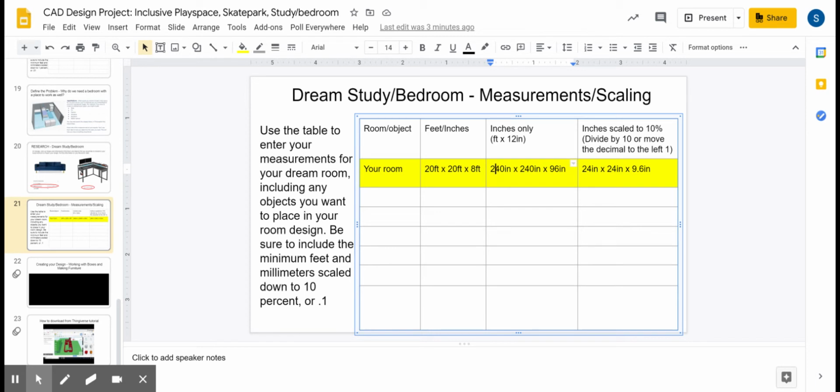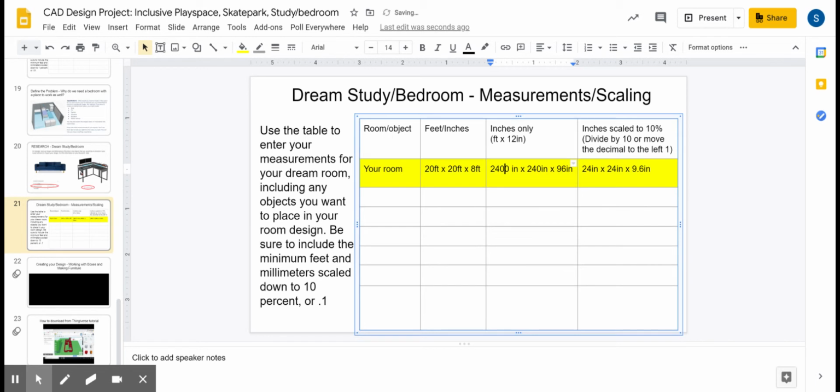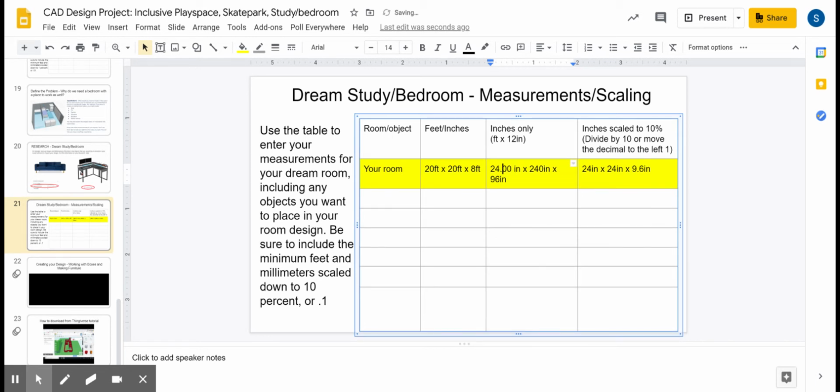To scale the size of our room down to 10%, we need to divide each of our numbers by 10. If we divide 240 by 10, the answer is simply moving our decimal place, which if you imagine is right here, over 1 to the left. So when we divide by 10, the decimal place moves over 1 left, and our measurement now becomes 24 inches.